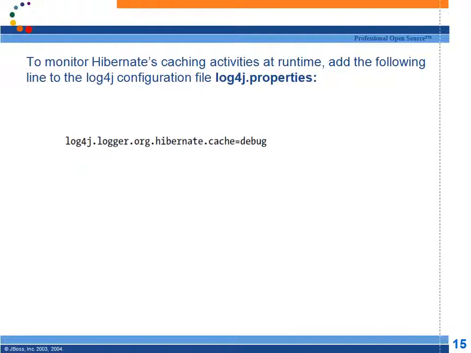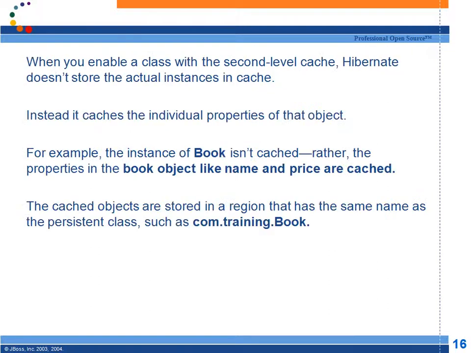And for enabling logging for the second level cache, you can enable the debug level in log4j properties. Then, when you enable a class with second level cache, Hibernate doesn't actually store the instances in the cache.